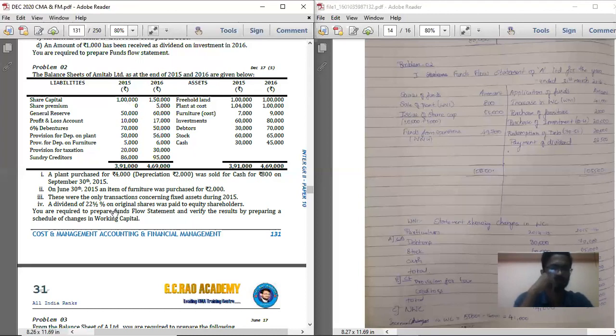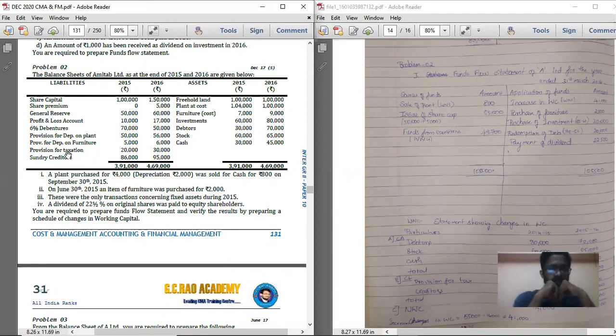Dividend is nothing but proposed dividend, but here they have not given any proposed dividend, so we should take it directly as debited to the P&L account and funds from operation. In the fund flow statement, in application of funds, we should directly put dividend paid, 22.5% of equity share capital.